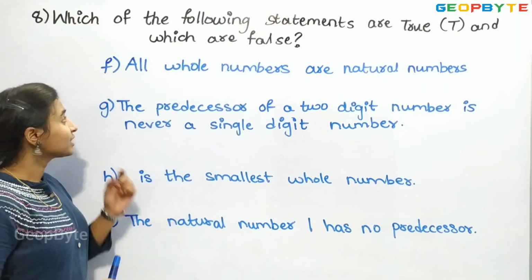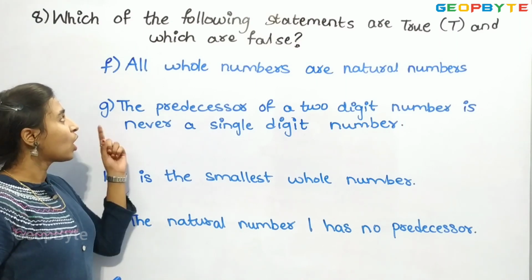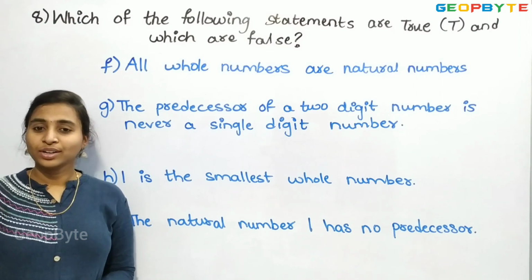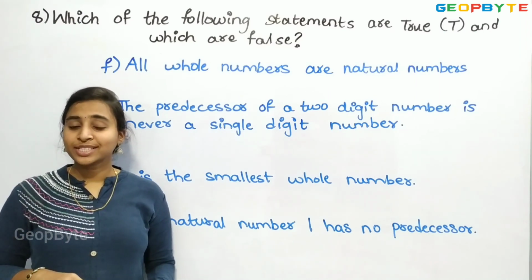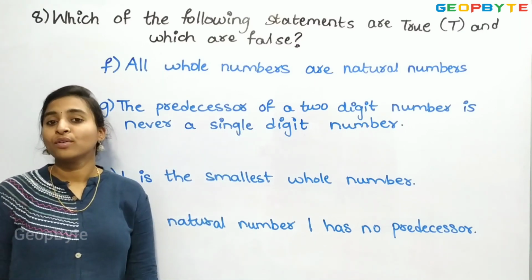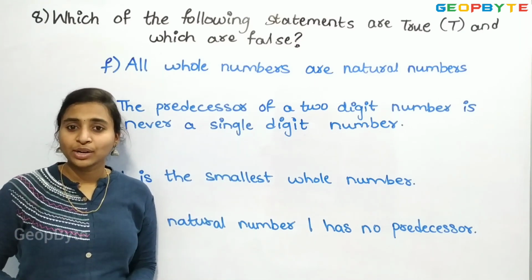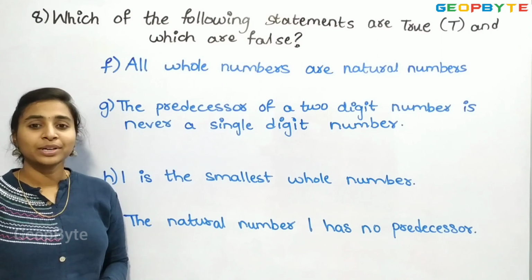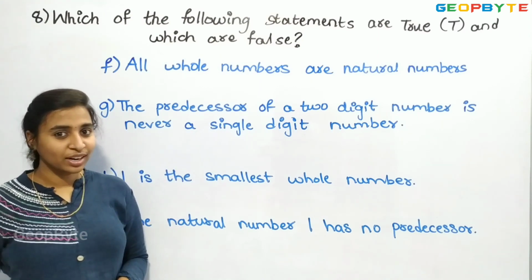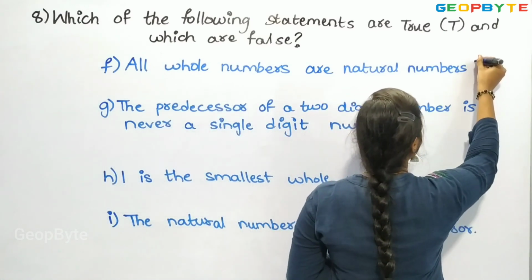Now, let us see the next one. We have all whole numbers are natural numbers. No, because whole number starts from 0 and natural number starts from 1. So 0 is not included in the natural numbers. So all whole numbers do not become natural numbers. Right? Let us write false.